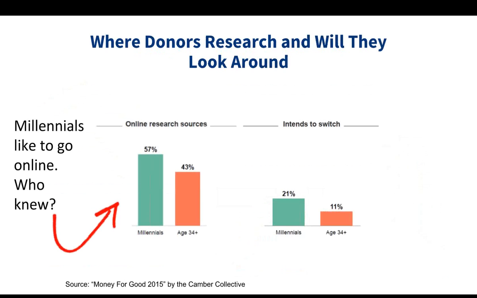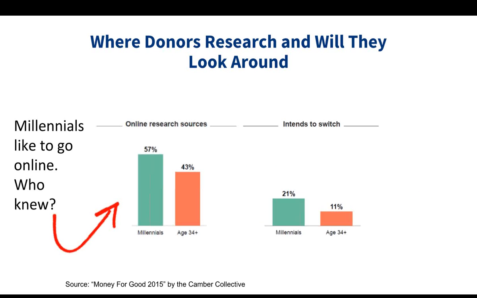So one thing that I'll share here is that, surprise, surprise, millennials really like to go online. And so there's a ton more people, a whole generation of folks who spend more of their time researching nonprofits online. That's 57% of millennials doing their research online.